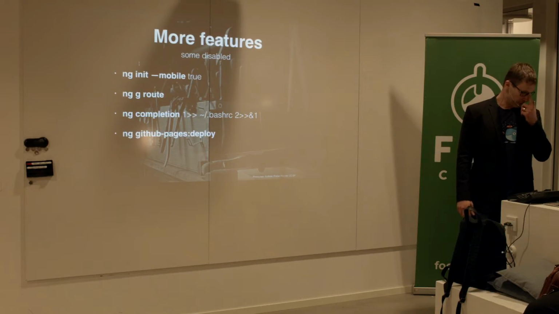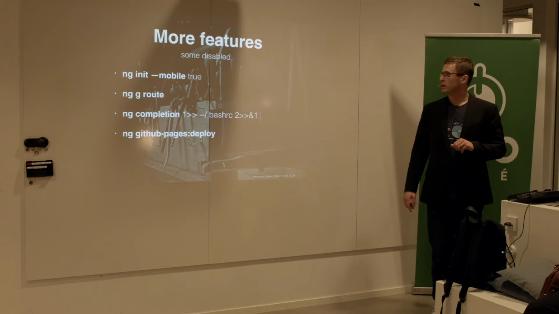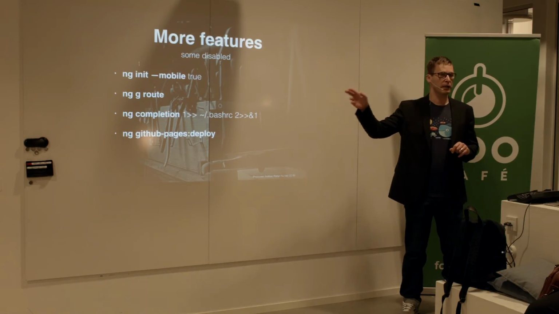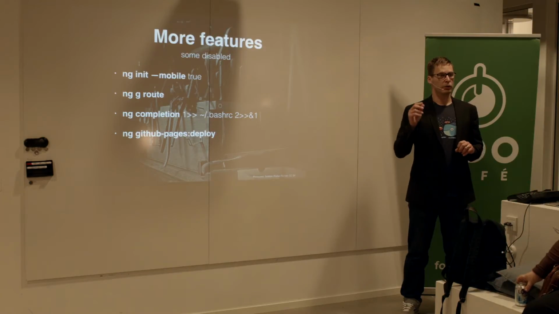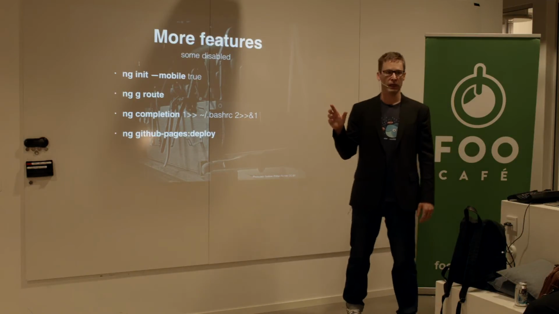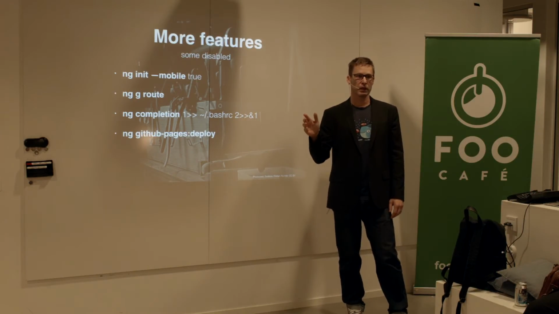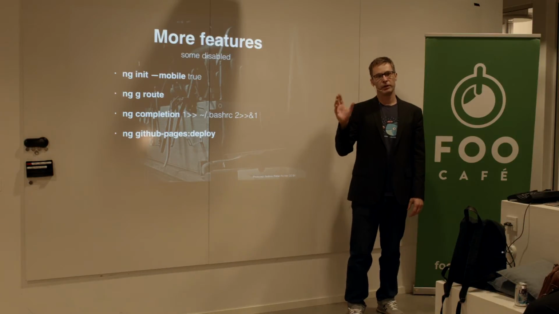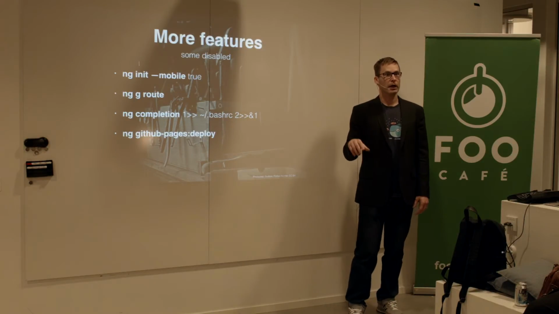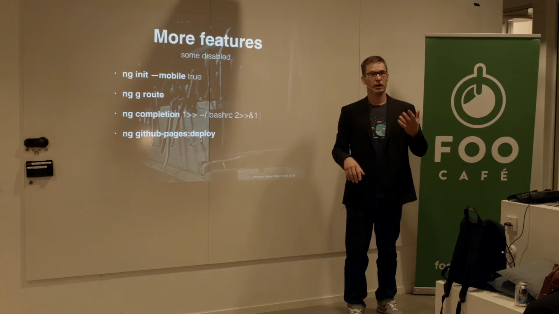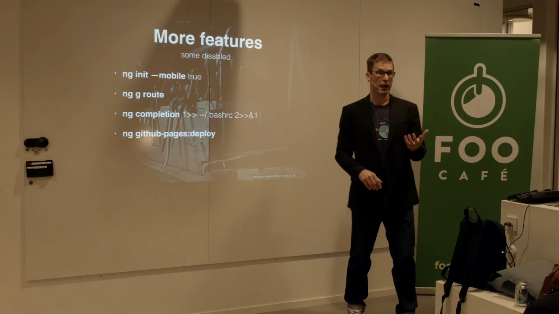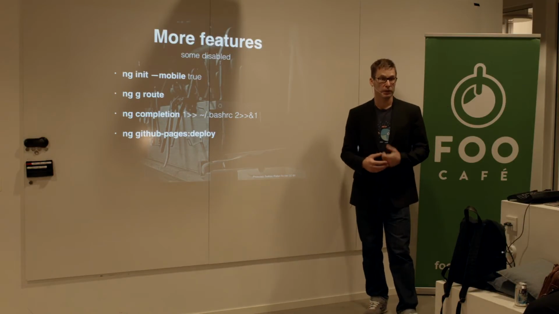Some more features. Some are disabled, like the first two are not available right now. But the idea with --mobile is to use service workers in your code. Service workers is something that's the latest in Chrome, which allows the browser to be very intelligent about what to load and when to reload and so on, which, when you have it, you can get a really awesome offline experience with your Angular app, especially on mobiles.